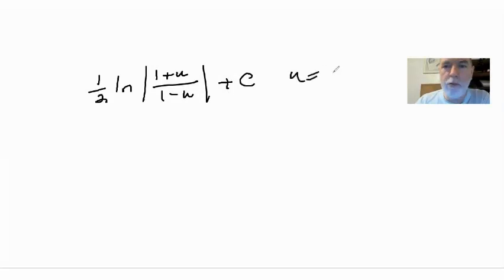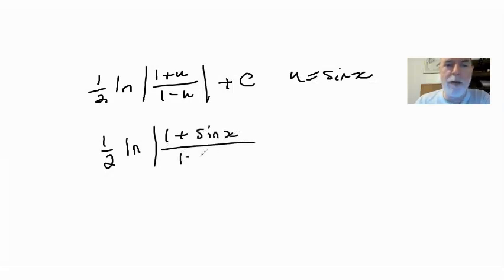Remember, u equals sine x. So our final form is 1/2 the log of 1 plus sine x over 1 minus sine x, absolute value thereof, plus c.